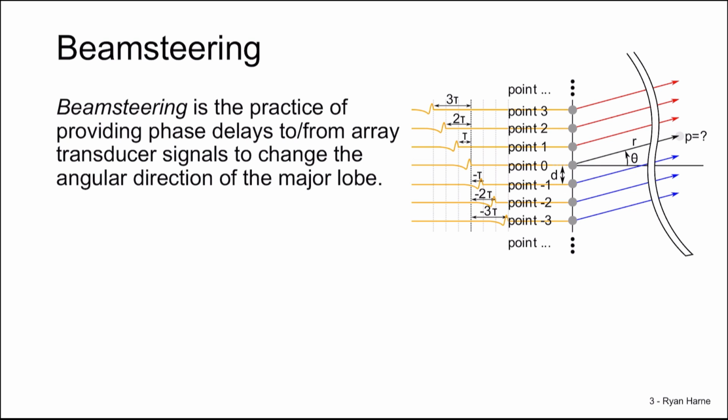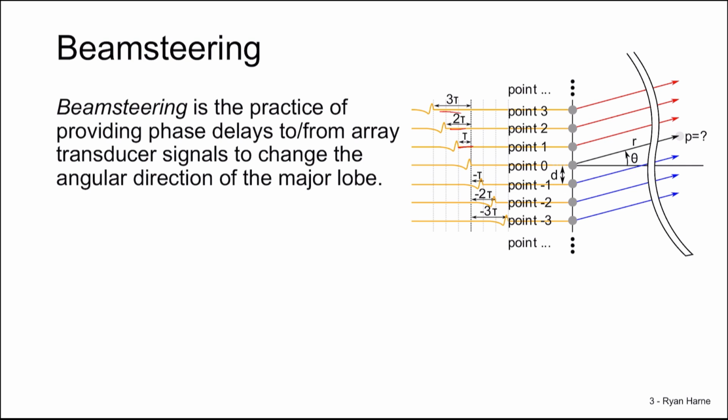The first and foremost advantage is beam steering. It's the practice of providing phase delays to and from the transducer signals to change the angular direction of the major lobe. And considering our original line array, we see that we can apply these time delays, tau, or 2 tau, or 3 tau.